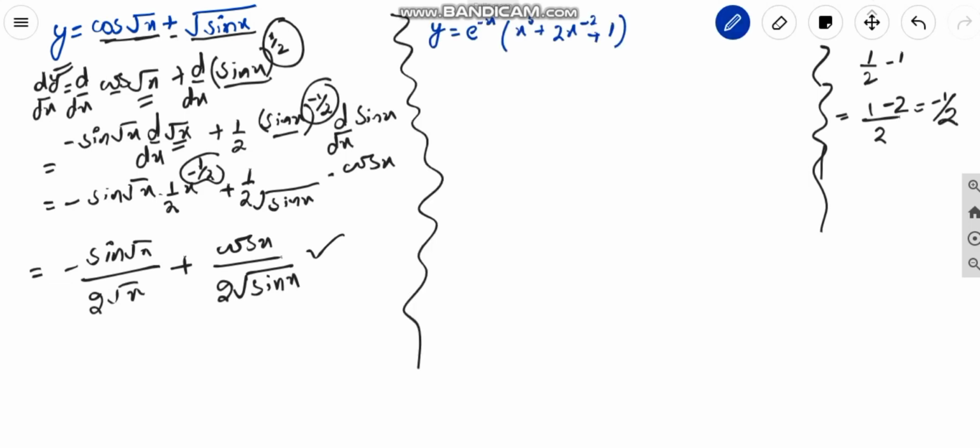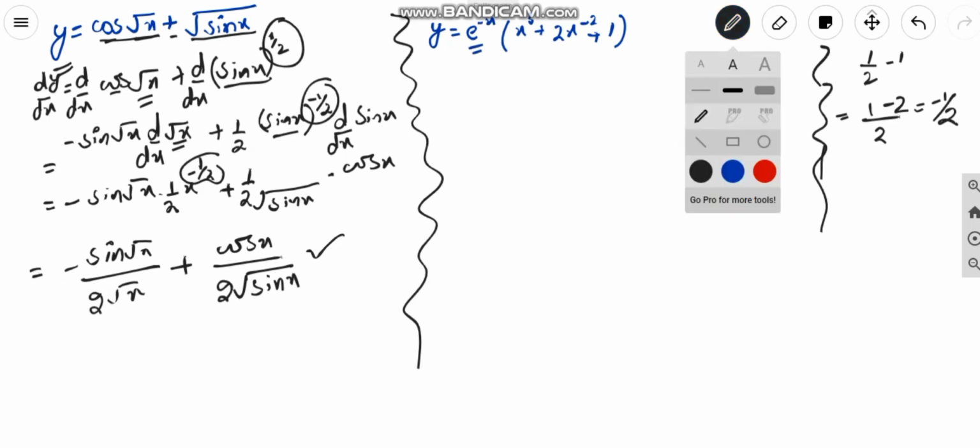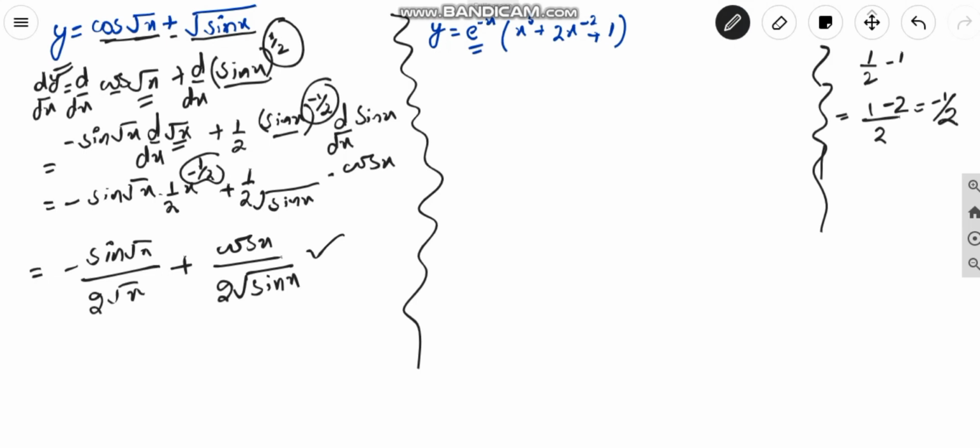Now this time we are given a function e power minus x into x cube plus 2x power minus 2 plus 1. You can again see that our function is in the form of a product of two functions. The first function is e power minus x, and this is the second function.